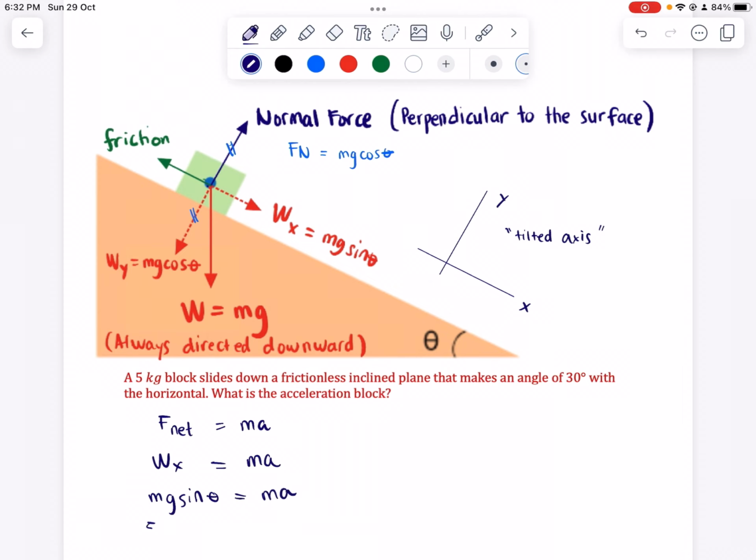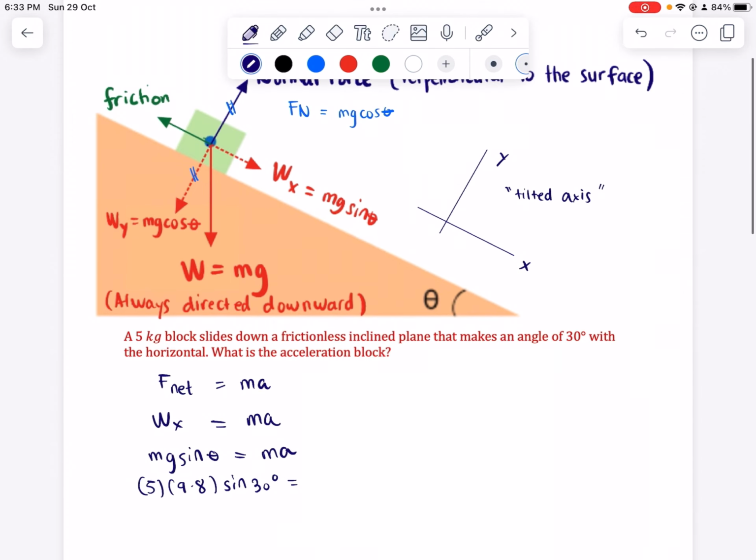So m is 5 kilograms multiplied by g, which is 9.8, times sine of the angle, which is given to be 30 degrees, is equal to the mass, once again 5 kilograms, multiplied by the acceleration, which is what we need to solve in this problem. You just need to plug these values in your calculator, and you can solve that acceleration is equal to 4.9 meters per second squared.